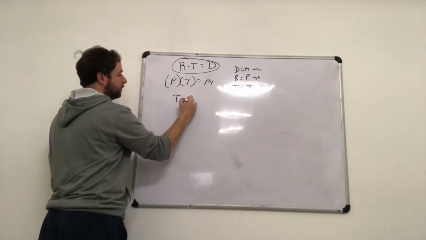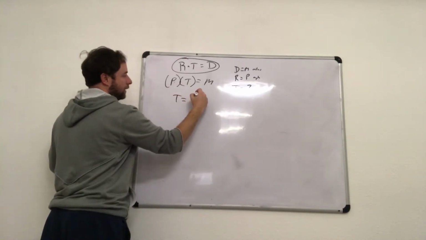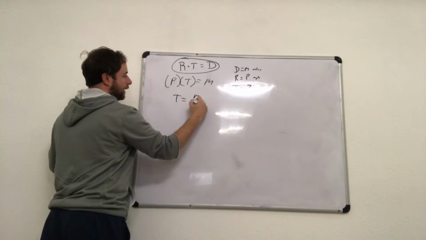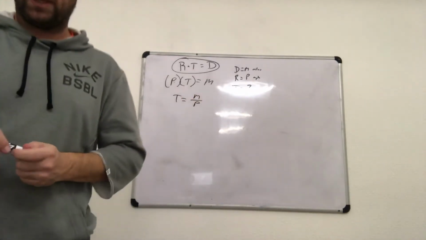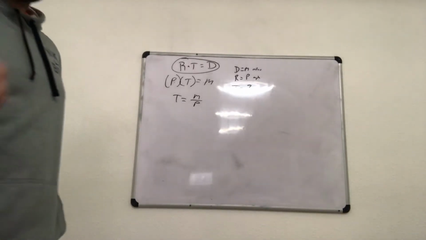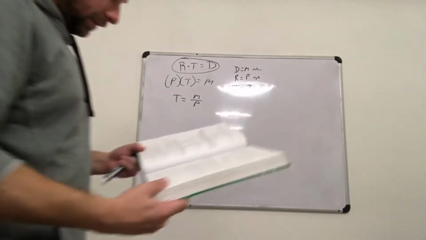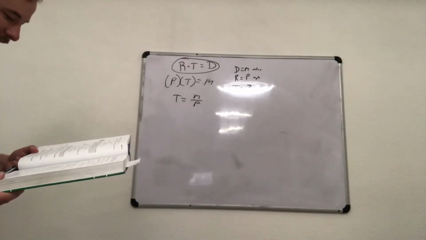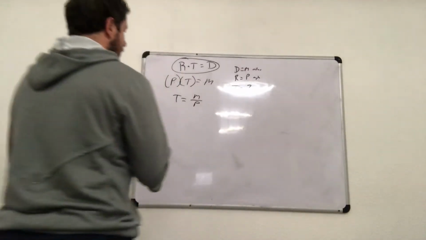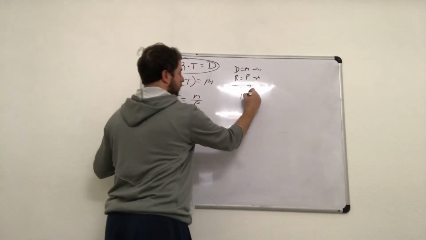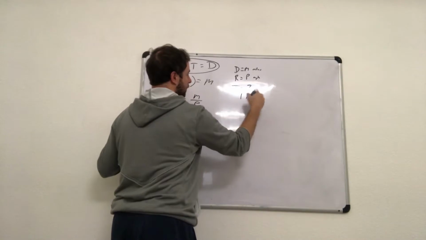So the time ends up being m divided by p, so the time is m over p. And it says they still arrived 1 hour late. So how fast should the train have traveled to arrive on time?